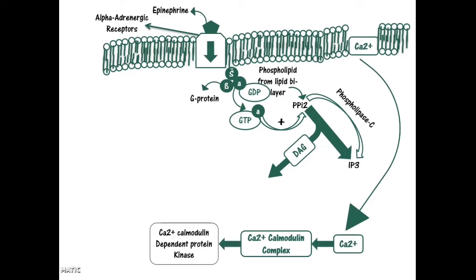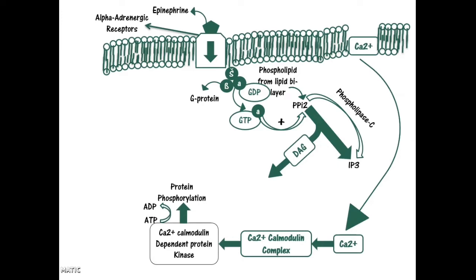So that means the formation of the calcium calmodulin complex allows the activation and the functioning of a protein kinase. Once this protein kinase is active in the presence of the calcium calmodulin complex, by the use of an ATP molecule, an energy molecule, it will perform a series of phosphorylations, allowing the activation of glycogenolysis.